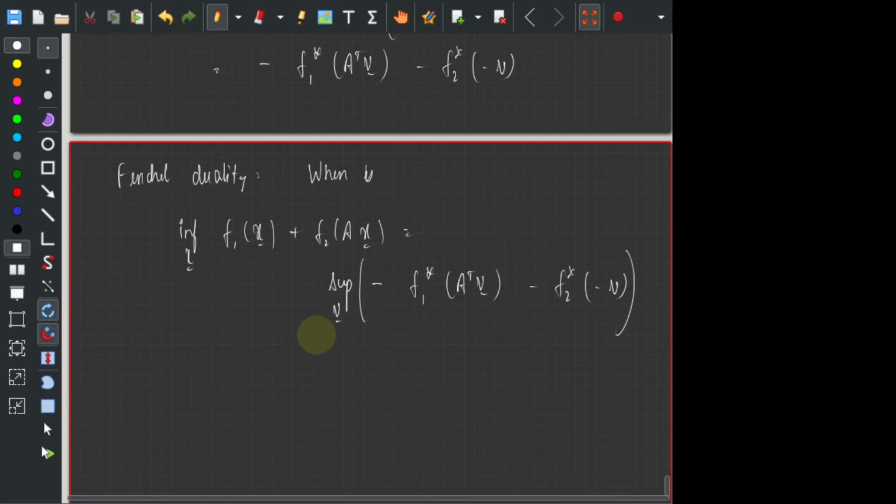Right? So there are certain technical conditions under which these two are the same. I won't go over it in detail, but this gives an explicit connection between the conjugate function and the dual of the Lagrange dual.